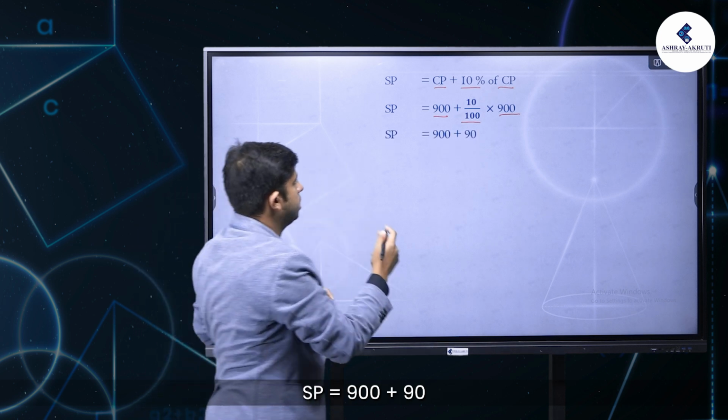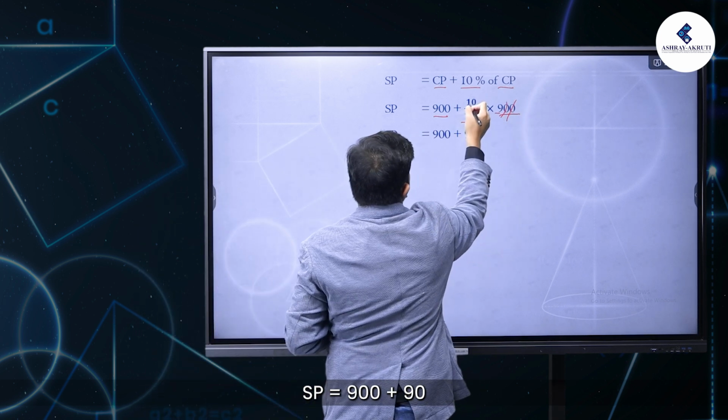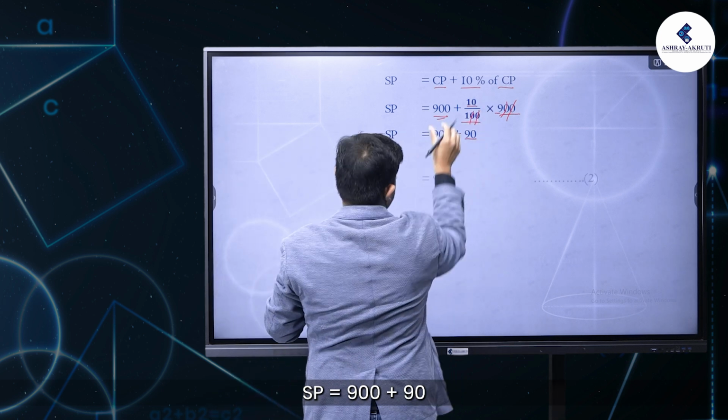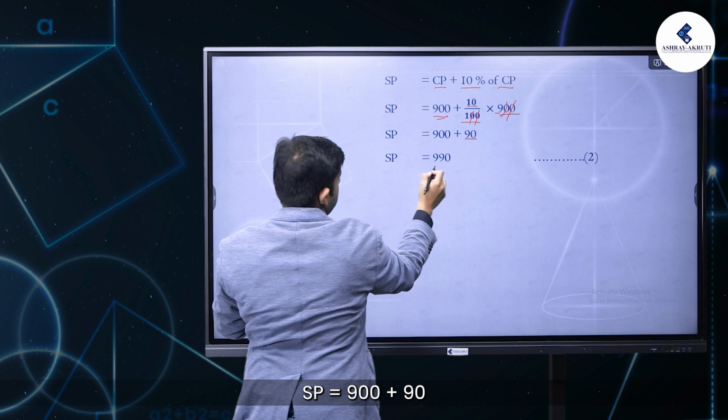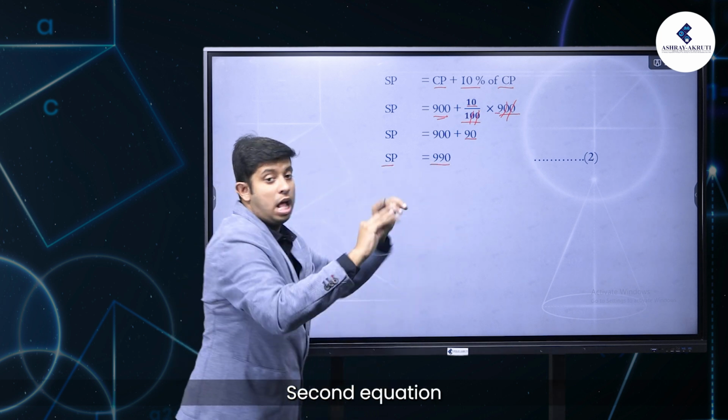Selling price equals 900 plus 90. Selling price equals 990. Second equation.